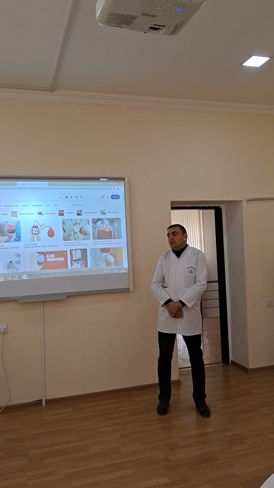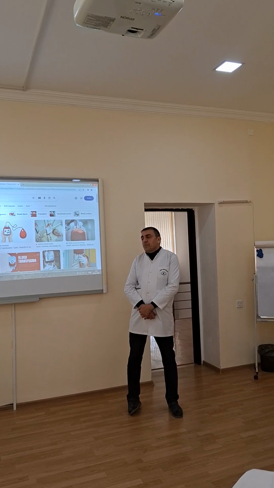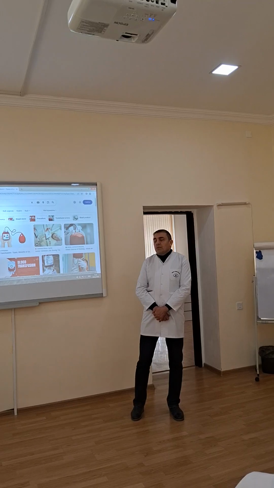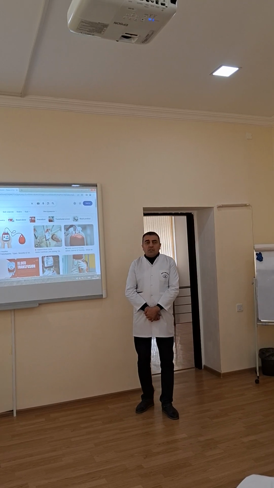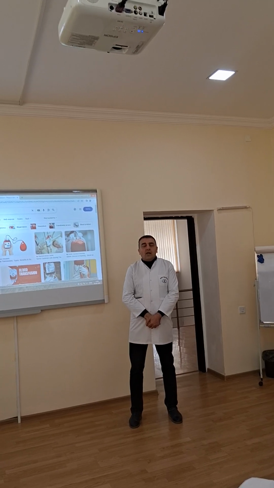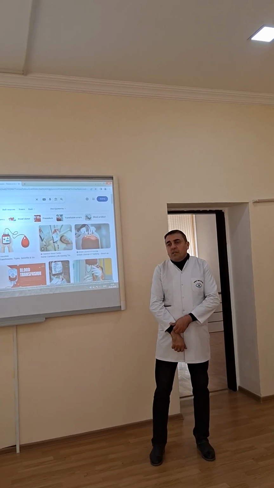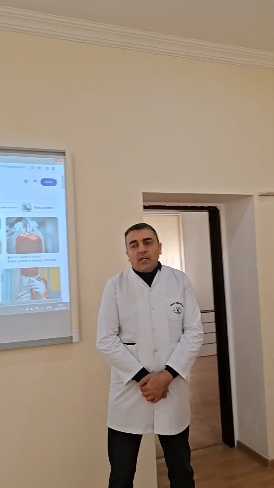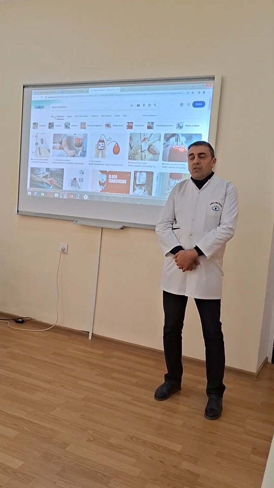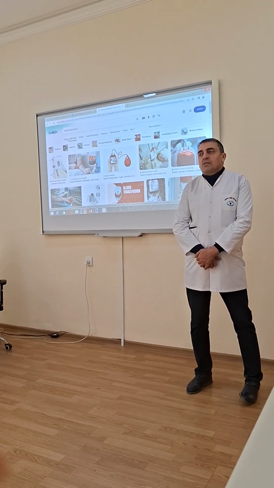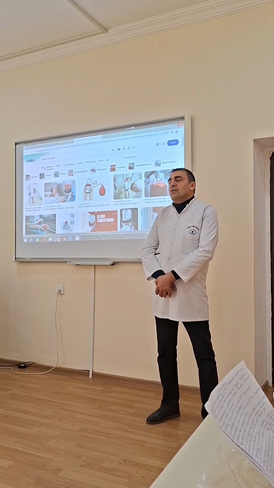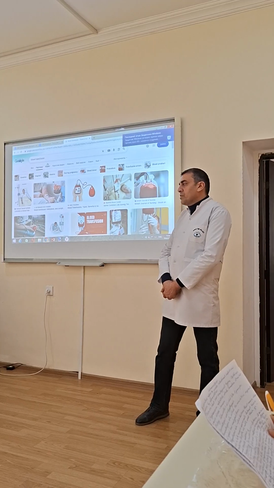Rhesus antigen is an antigen located in the erythrocyte. 85% of all people are rhesus positive persons, which contain rhesus antigen, and 15% of all people's erythrocytes haven't this antigen, and they are rhesus negative persons.